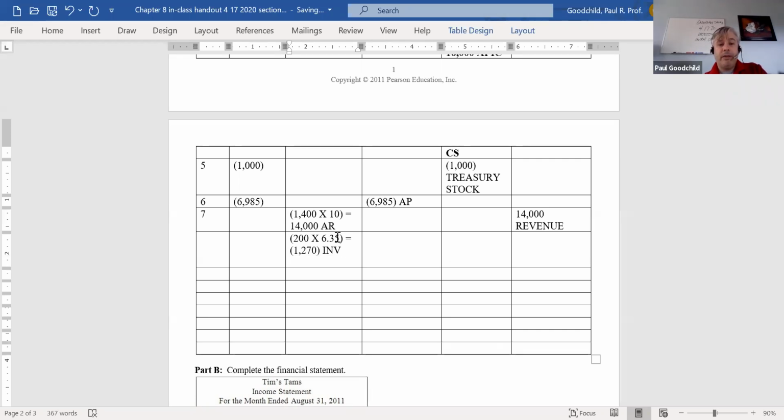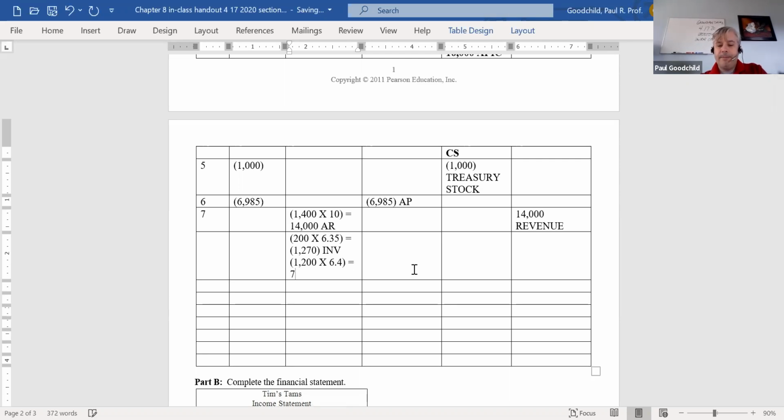And the remaining, so now we have 1,200 times 6.4. $6.4 times 1,200, and that's 7,680. That reduces our inventory.